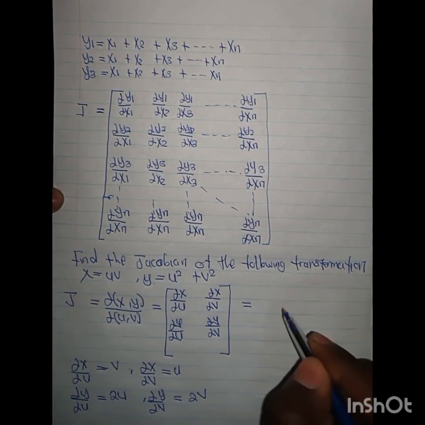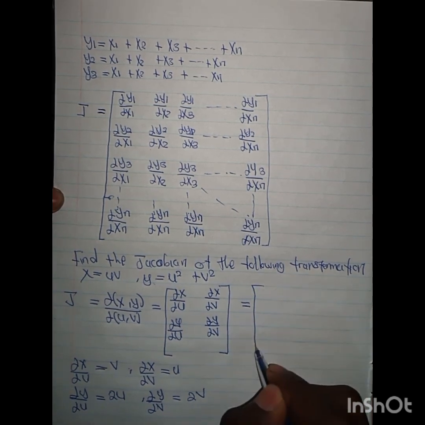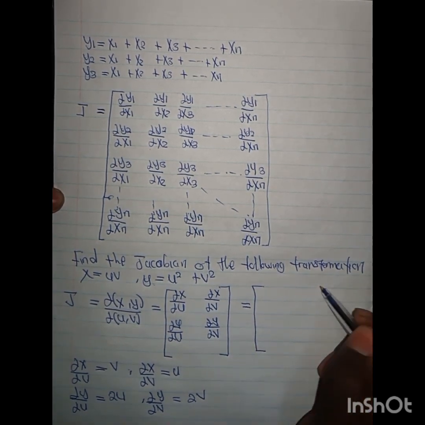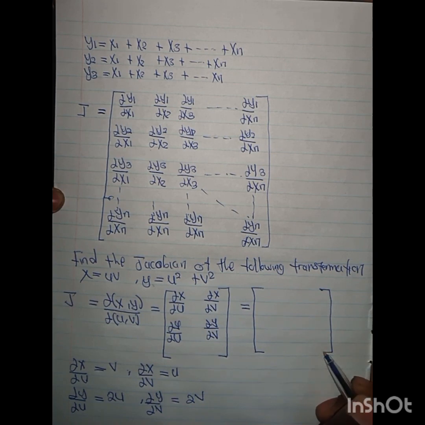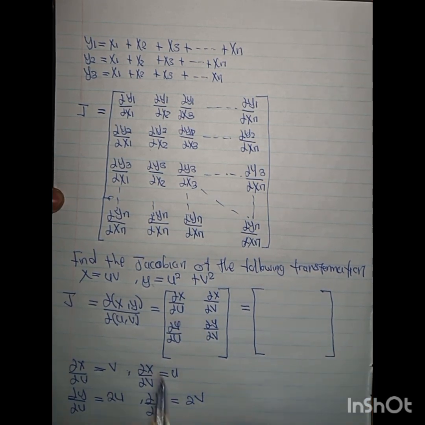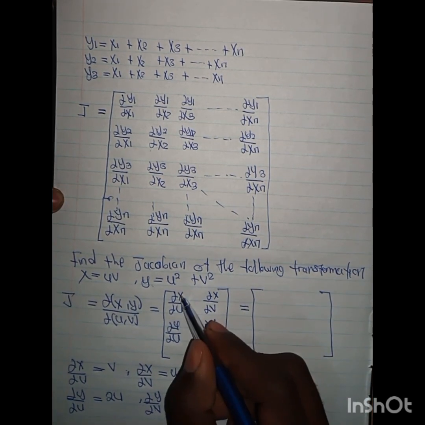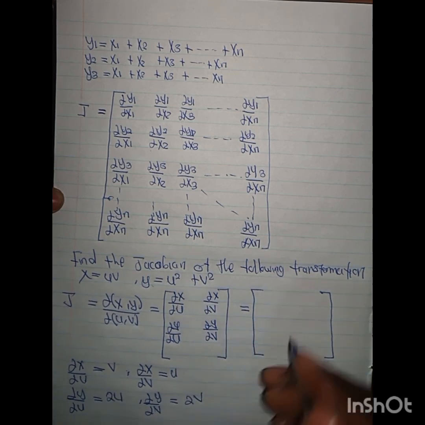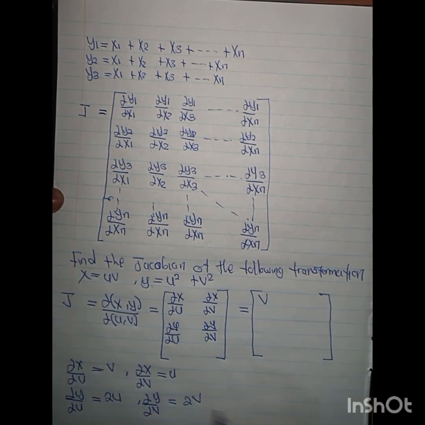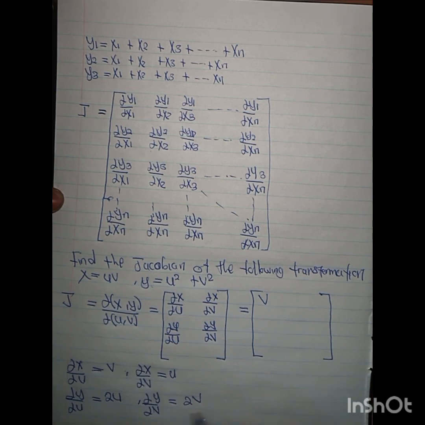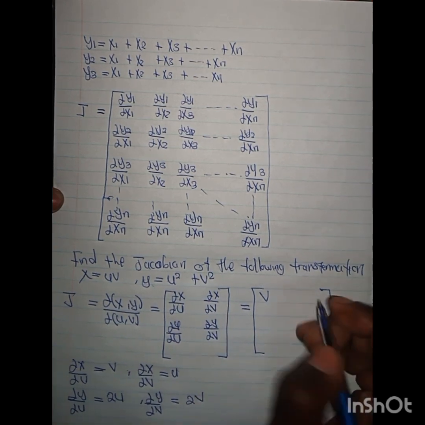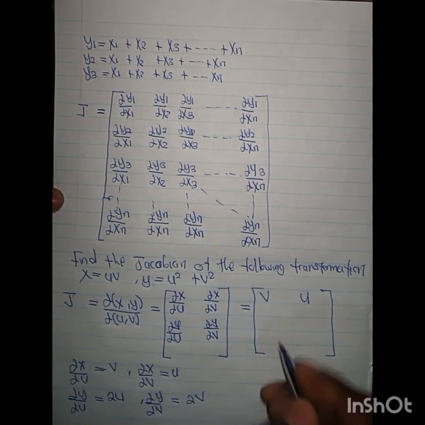Then we come and replace the variables inside the matrix by what we have here. So dx/du is the same as v, so we write v. dx/dv is the same as u. Then this is our u.